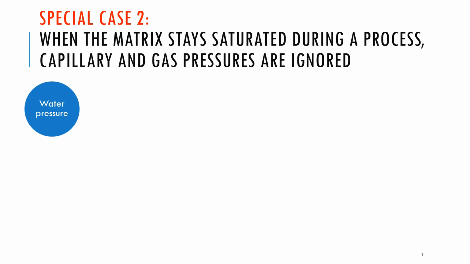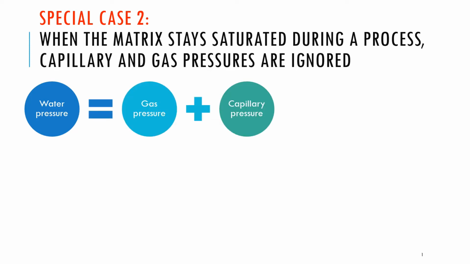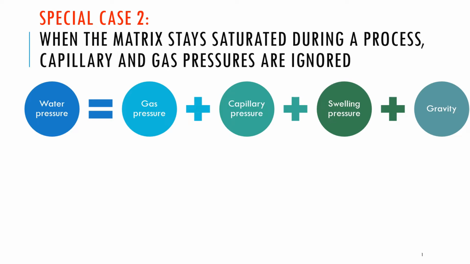If it stays saturated, then the capillary pressure is zero, and also gas pressure is zero, because if it is saturated, there is simply no room for gas. So gas pressure is zero, capillary pressure is zero.